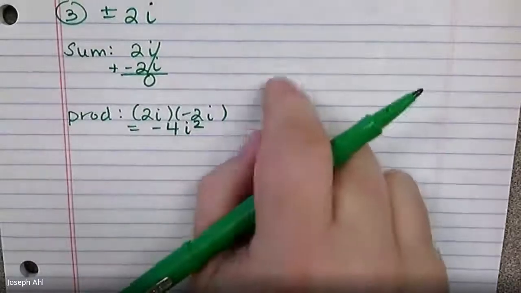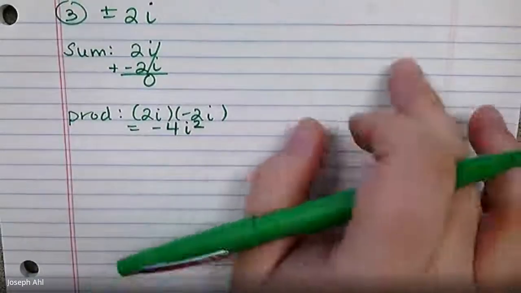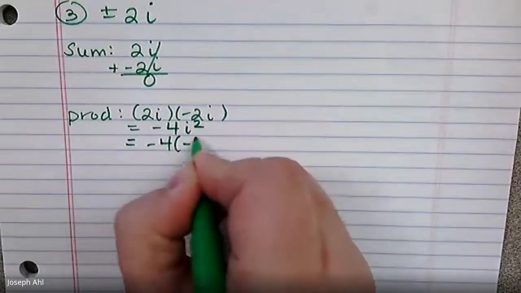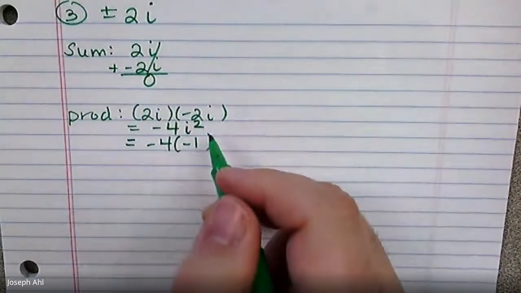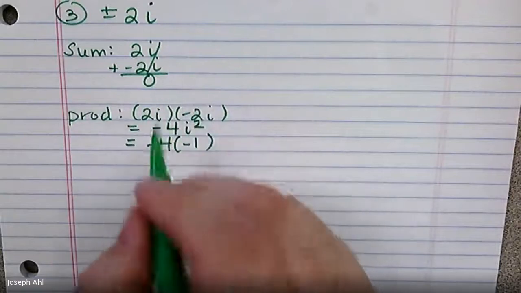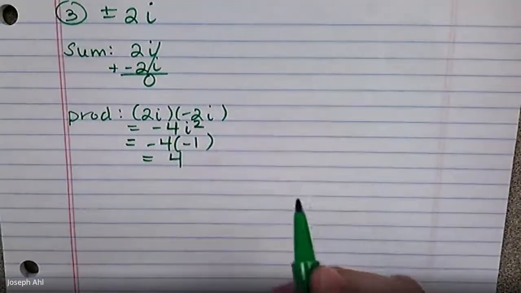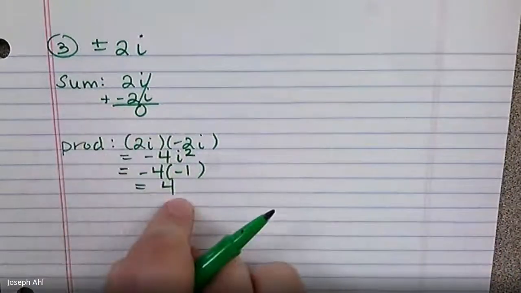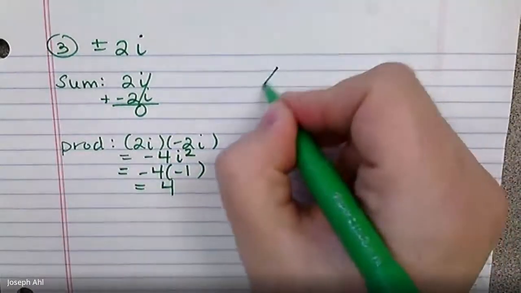Oh, by the way, just like your quadratic will never have radicals as coefficients, it will never have i's either. Because we know that i squared is -1, don't we? Well, at least I hope we do. -4 times -1 is 4. So to write the equation of a quadratic whose sum is 0 and product is 4, it's going to be x squared.